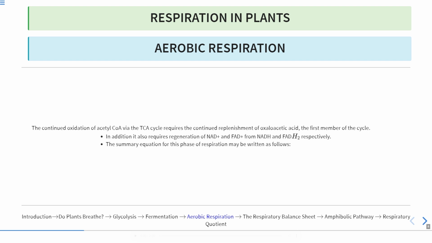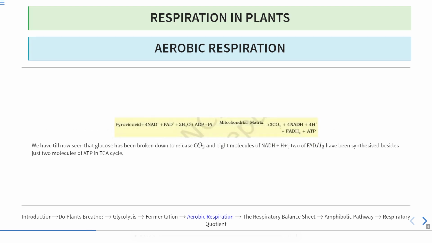And the summary equation for this phase of respiration may be written as so. Overall, for the tricarboxylic acid cycle, you can write pyruvic acid, and 4 NAD is required and converted to 4 NADH2.